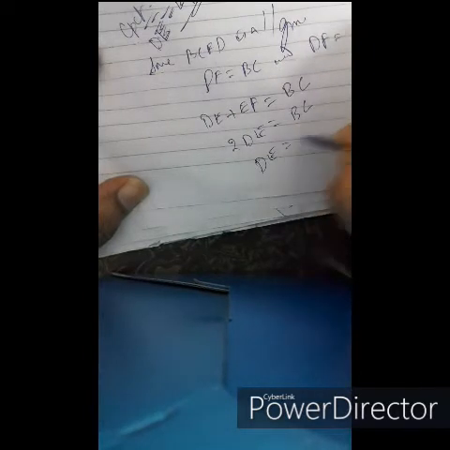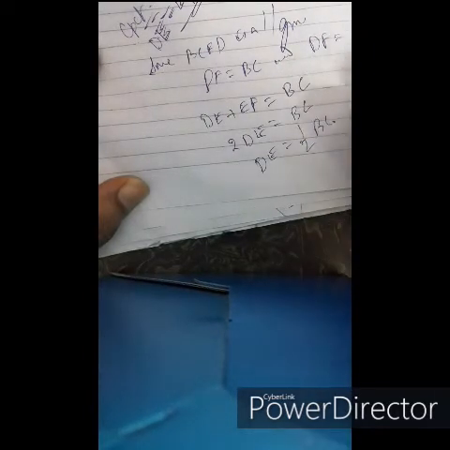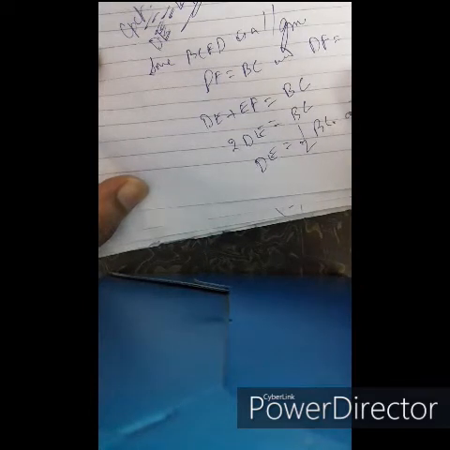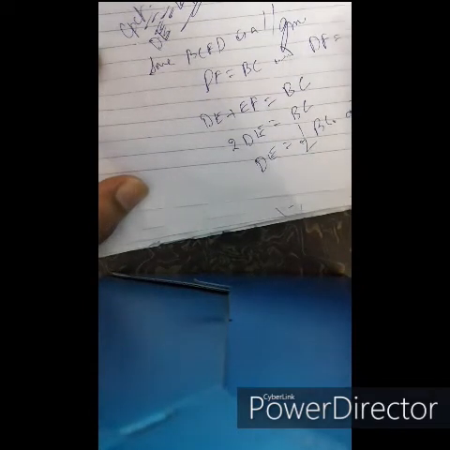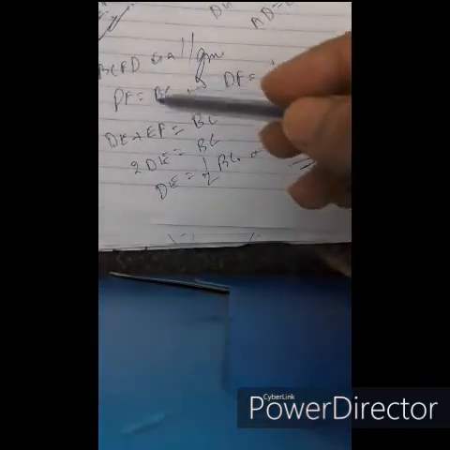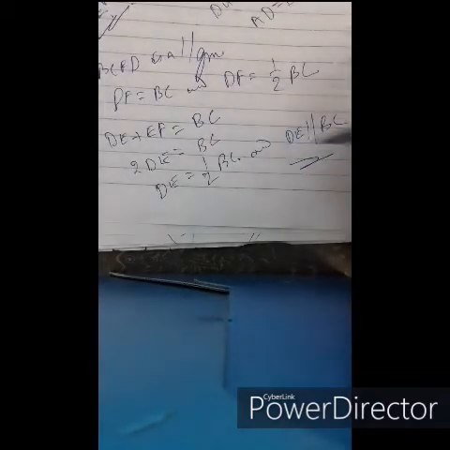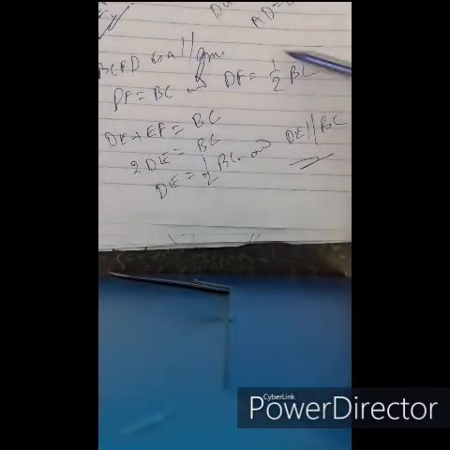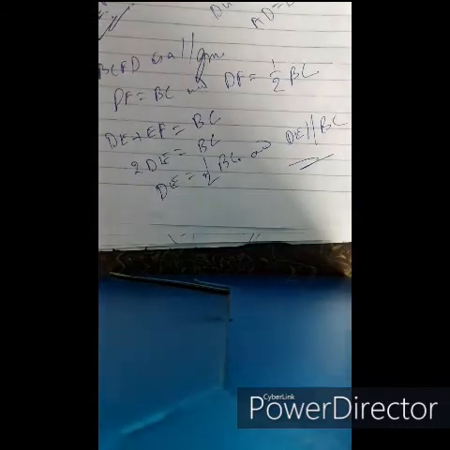DE equals half of BC, and DE is parallel to BC. Since DF is parallel to BC, DE lies on DF and DE is also parallel to BC. Hence proved.